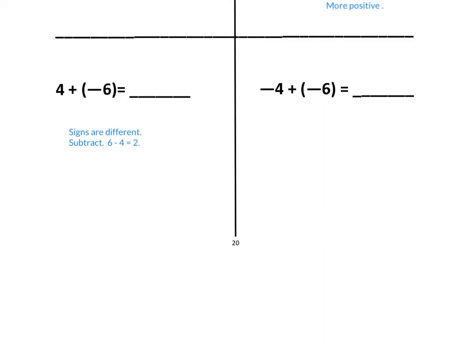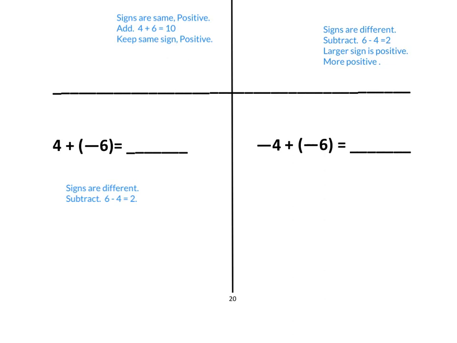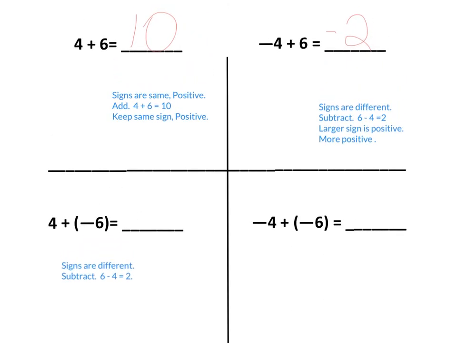Well, that looks exactly the same as the last one so far, right? 6 minus 4 is 2, 6 minus 4 is 2. So even though a different number was negative, we still ended up subtracting because the two signs were different. Now we can think of it as larger sign is negative, or you can think of it as more negative, whichever you prefer.